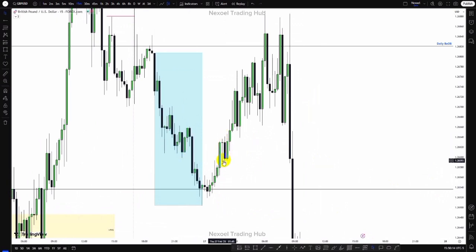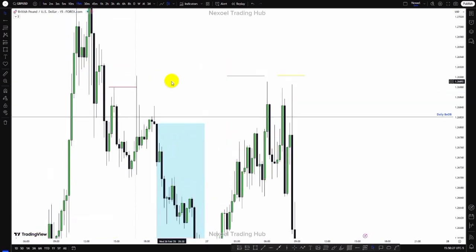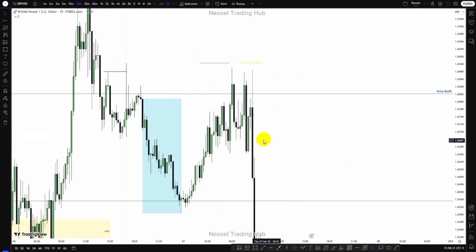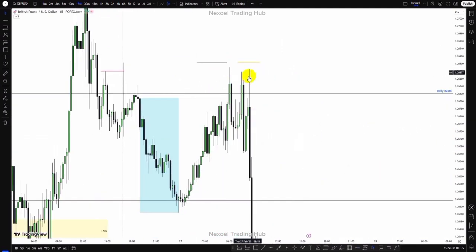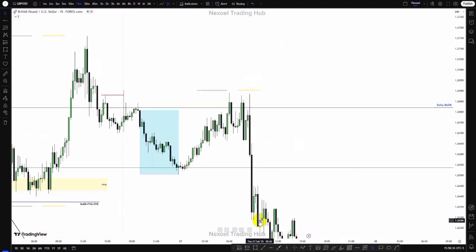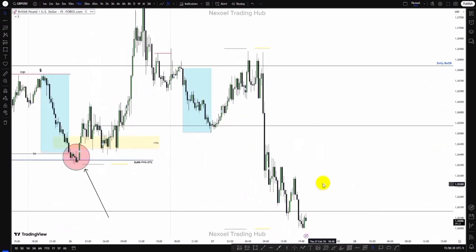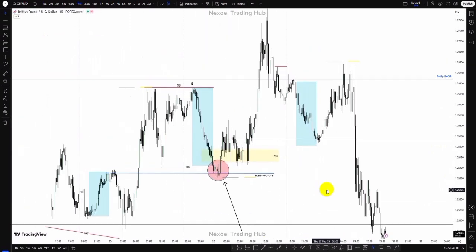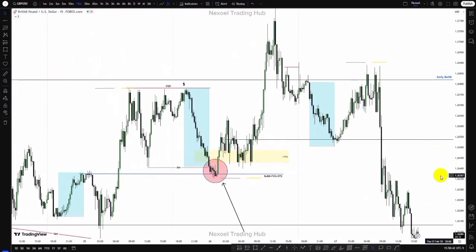So I anticipated to see bullishness to take out this high. And this was where I marked out price consideration for partials. But then I was hoping to see how price would take out this buy side. But then we can clearly see that London session created the high and New York gave us the bearish reversal to the downside. So this is just what I want to show us guys in the GBPUSD.